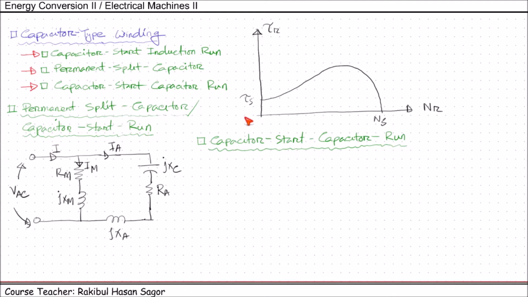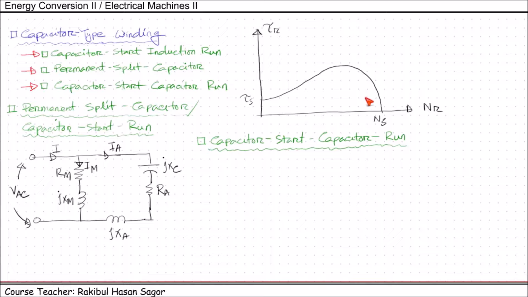So a capacitor that balances the phases under normal loads leaves them very unbalanced under starting condition, and the capacitor that gives very high starting torque does not provide the uniform rotating magnetic field under normal load condition.